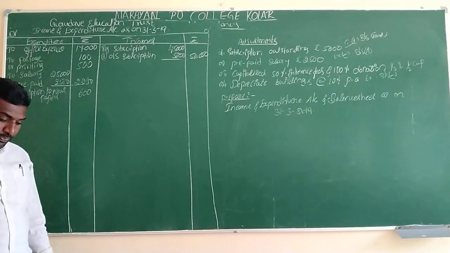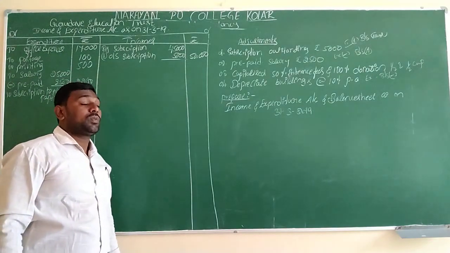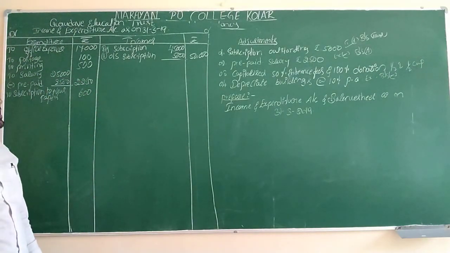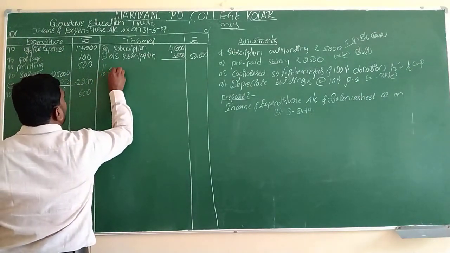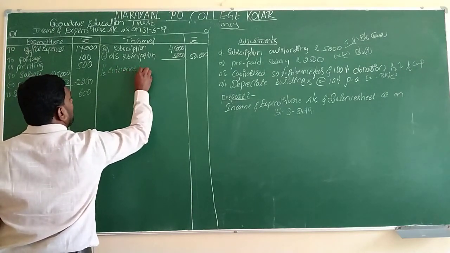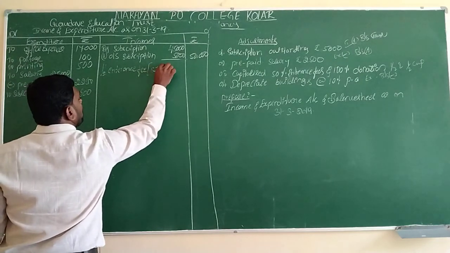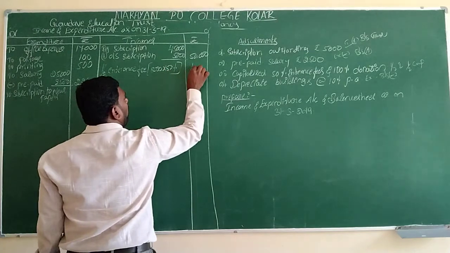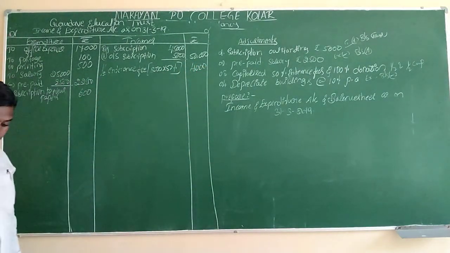After that, is there any other income? We just have to go through. After that, what is given? Entrance fees. For entrance fees, there is an adjustment. We will write half the entrance fees. The value of entrance fees is 8,000 into 50%, or half, so we get 4,000 rupees as the entrance fees.